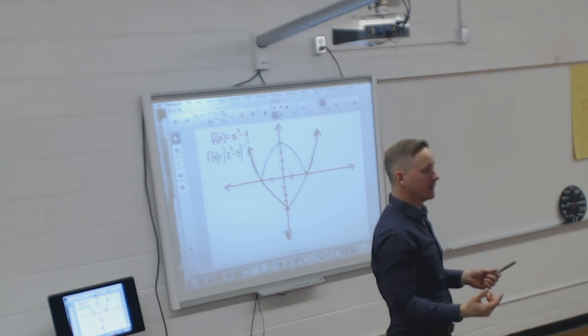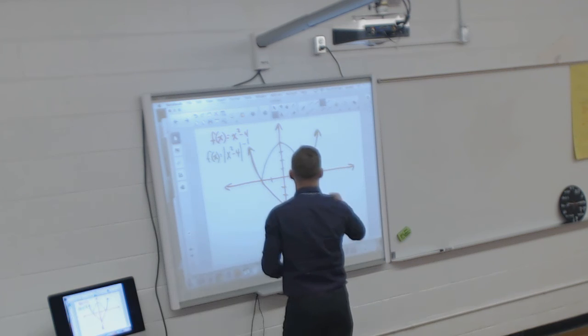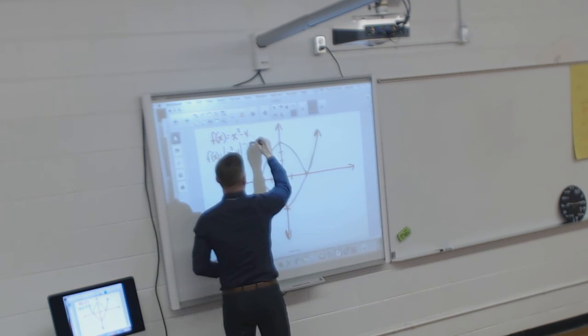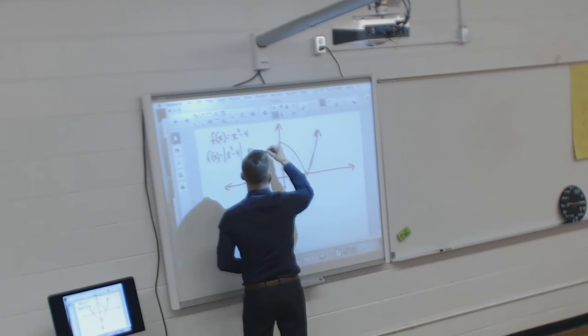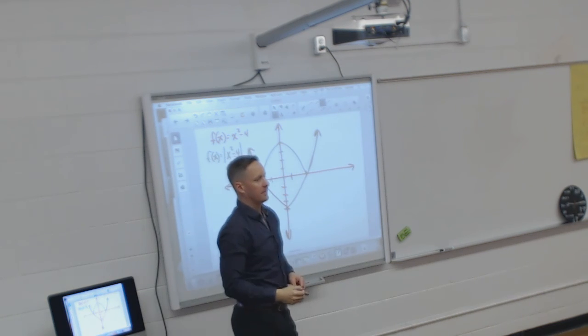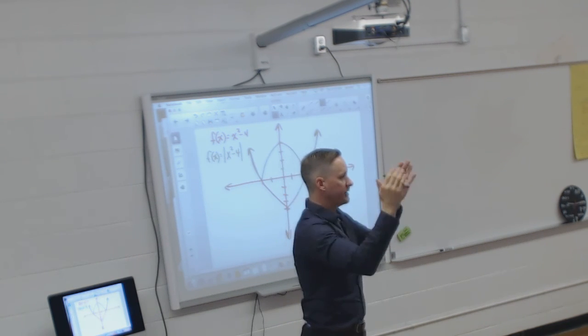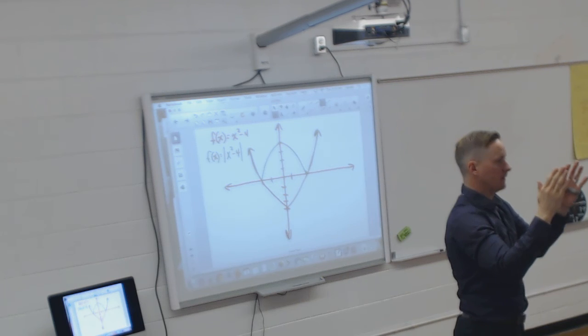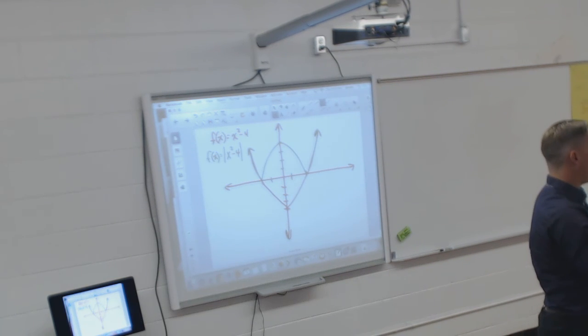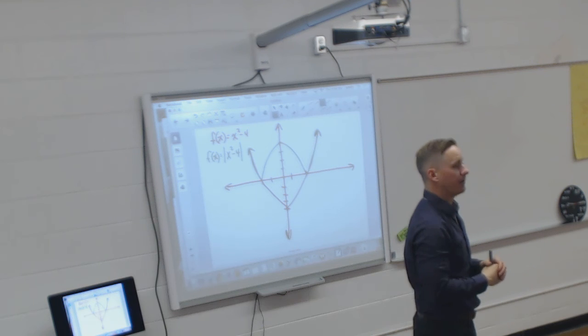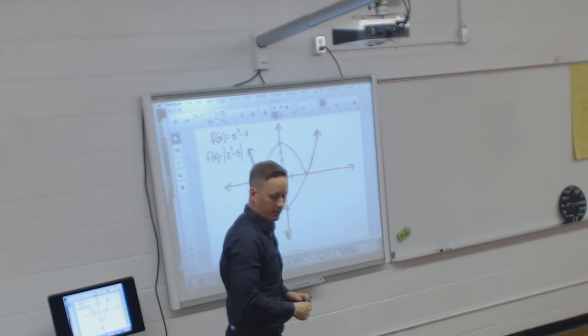So that is a possibility. It's not saying that it will always end up as a positive. That's not true. But if everything in the equation is inside the absolute value brackets, then it's always going to be positive. But if there's numbers on the outside of it, it may not be positive. It could move up and down. All right?